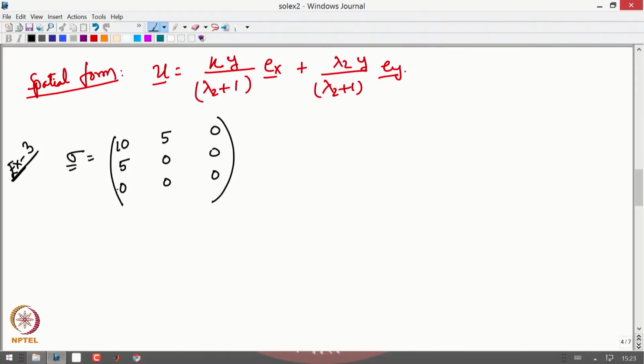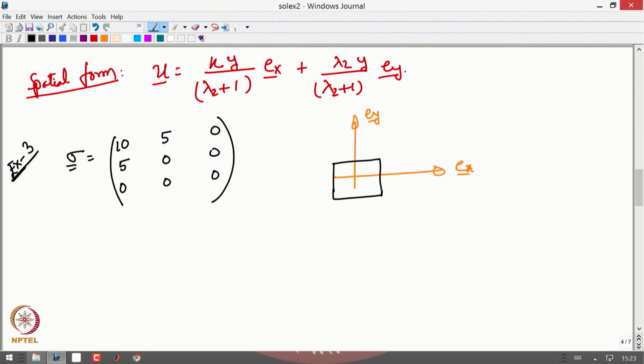I do not want to go for a stress cube because it is a plane stress, one column and one row are zeros. So, I can represent it in 2 dimensions sufficiently. So, I choose my coordinate system to be E y, E x, and the infinitesimal rectangular element is drawn like this.